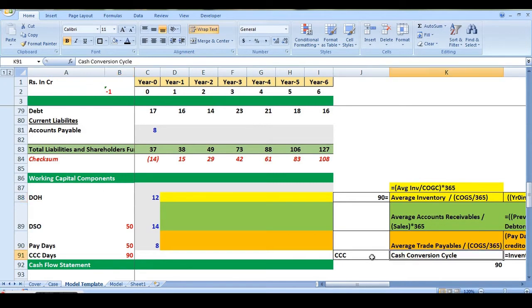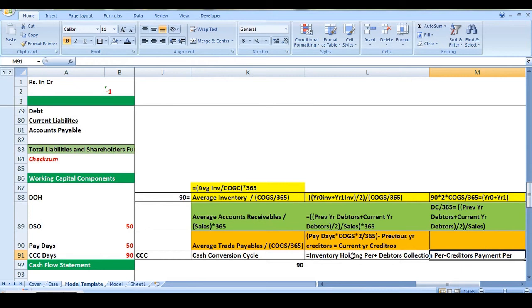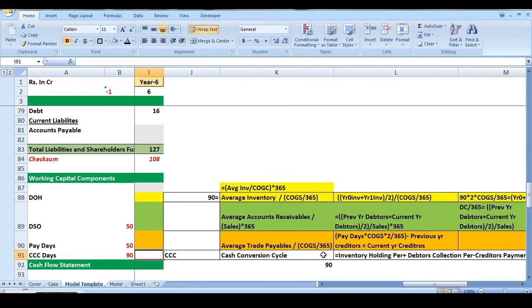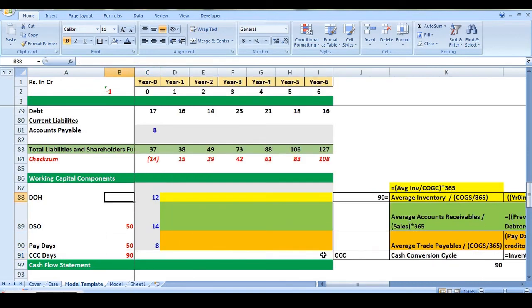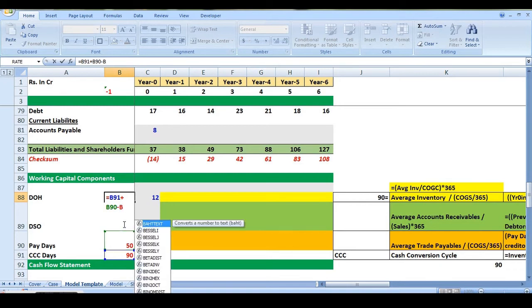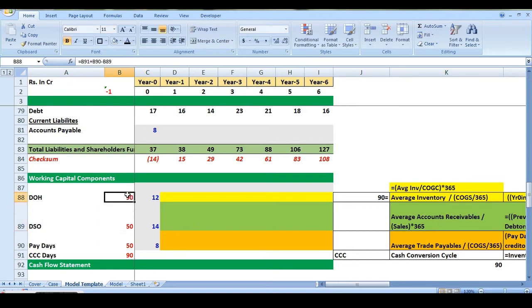Cash conversion cycle is inventory holding period plus debtors collection period minus creditors payment period. If we reverse the formula, days of holding equals cash conversion period plus pay days minus days of sales outstanding, which gives me days of holding, the inventory holding period, as 90 days.